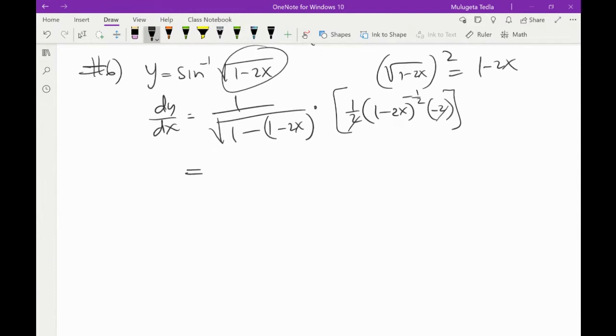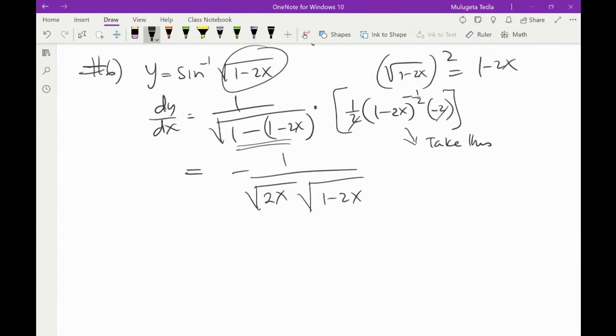So what I have is negative 1 over square root of 2x, and in here it is square root of 1 minus 2x, because you can take this to the denominator.